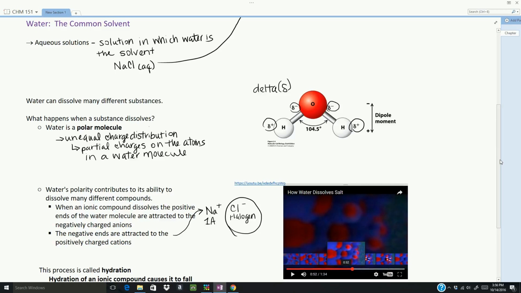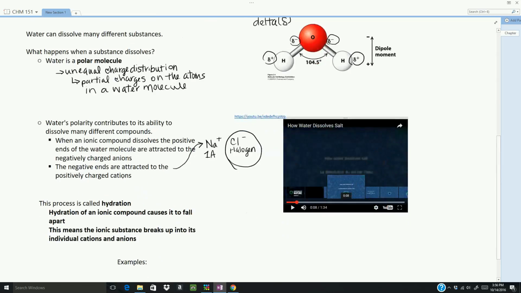So this whole process is called hydration. Hydration of a compound causes it to fall apart. That means the ionic substances break up into their individual cations and anions. So if we were to write this out for the example we did here, we have sodium chloride, which starts as a solid, and then we add H2O, or water, which is liquid.